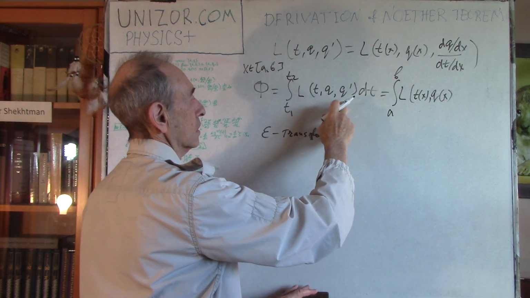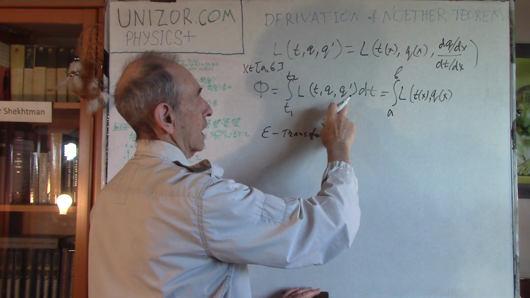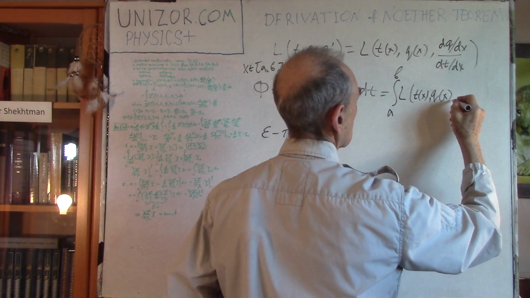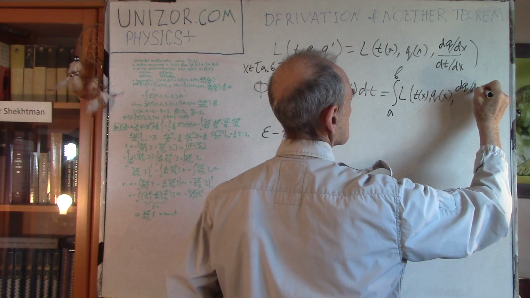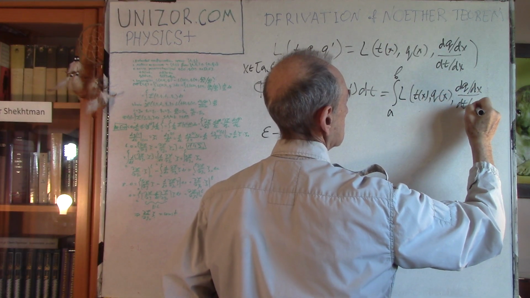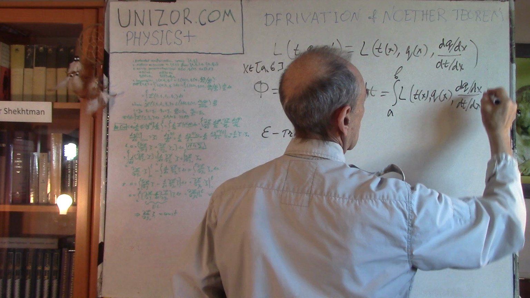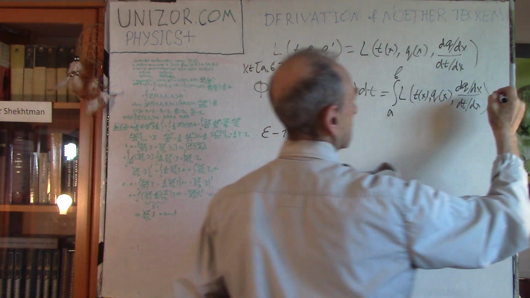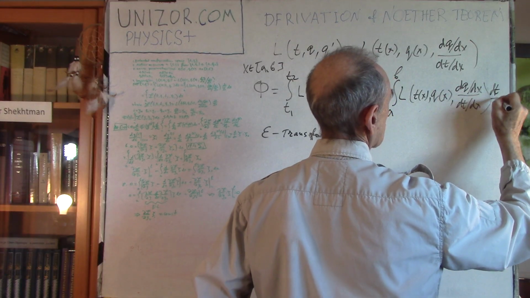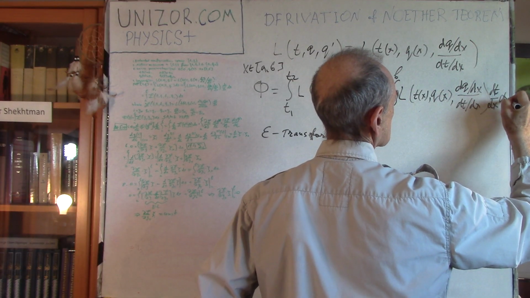Now q dot, the differentiation by time, as we know, can be expressed in this way: dq by dx divided by dt by dx. And dt again is dt by dx and dx here.